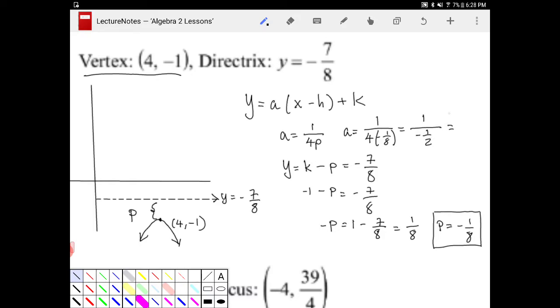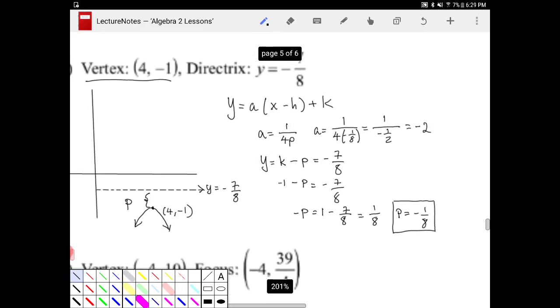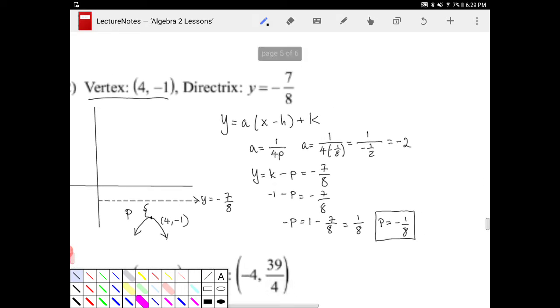And whenever I'm dividing fractions, I've got to flip the denominator, so that's -2. So what's my final answer then? What's the final verdict? Well, y is equal to -2 open parentheses, I forgot to put a square here, x minus 4 squared, minus 1. This is my answer for question 2.